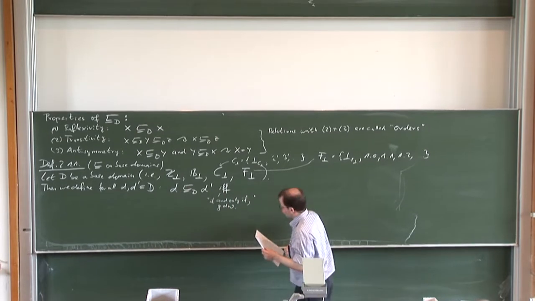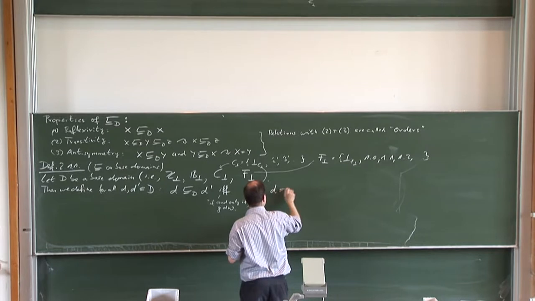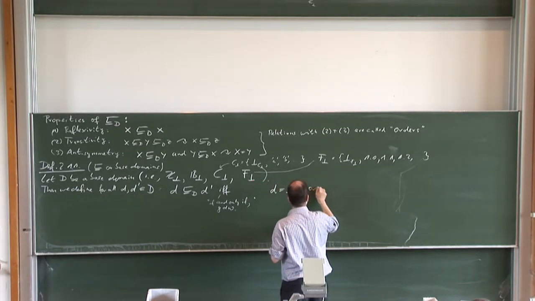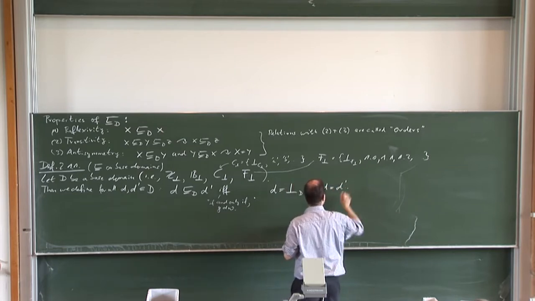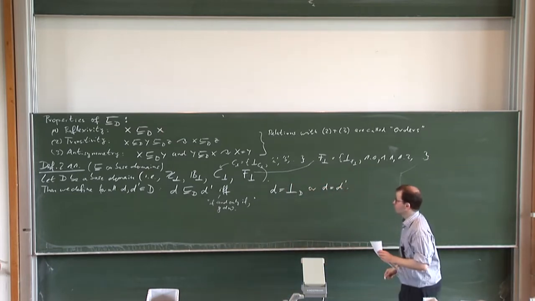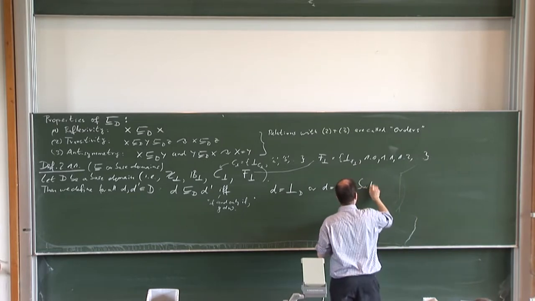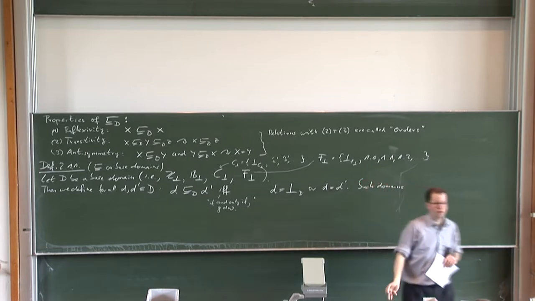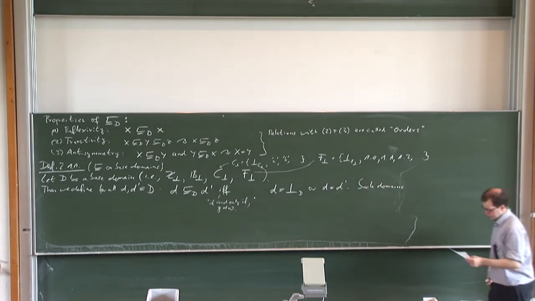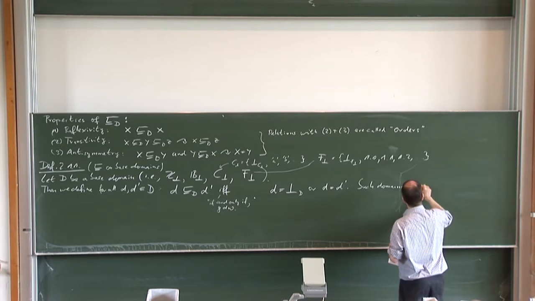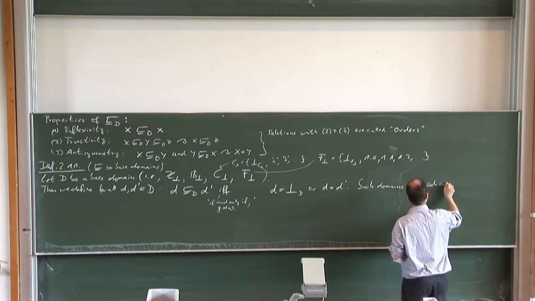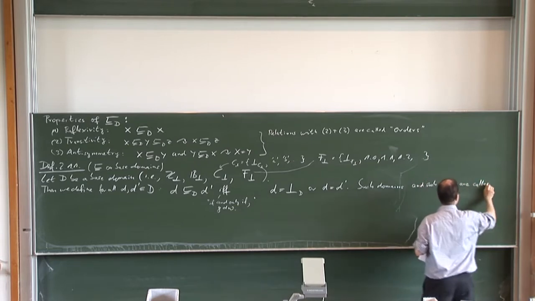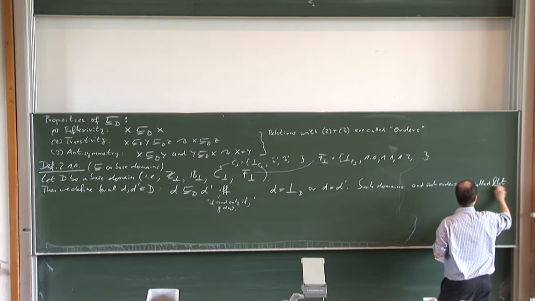So if and only if either D is the bottom element or D and D prime are equal. And such domains where you just have one thing that is completely undefined and everything else is completely defined, such domains and such orders are called flat. So it's a flat domain and a flat order.